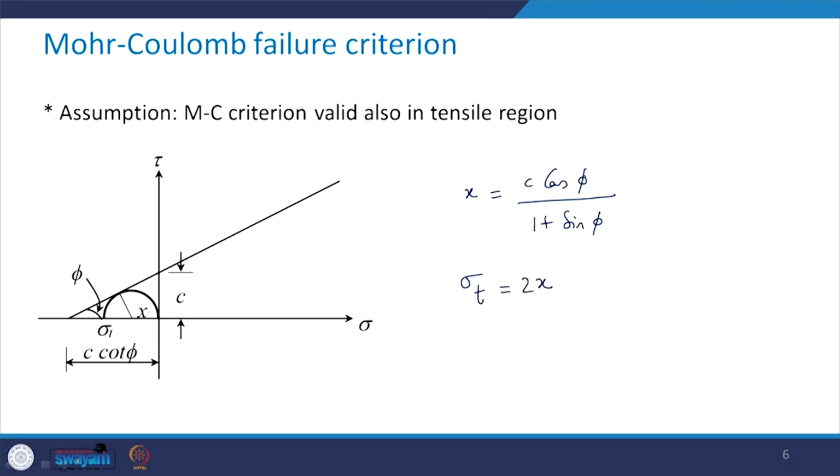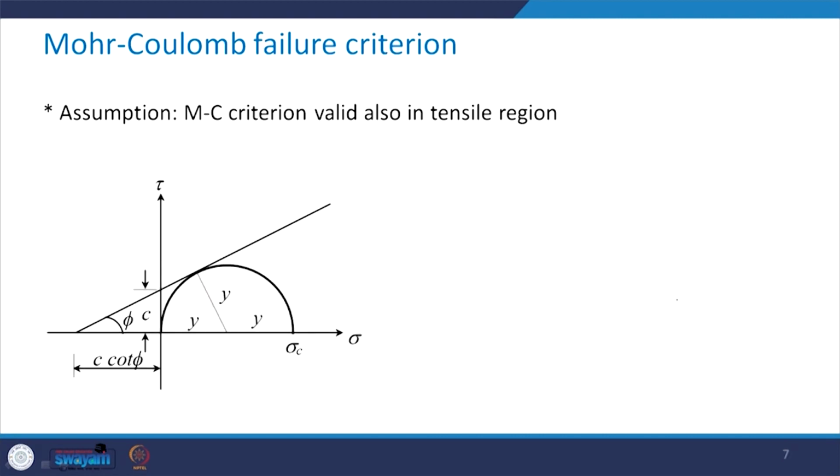Why? Because this distance and this distance are equal, and this distance is equal to x. So this sigma t is going to be 2 times x, that is 2c cos phi divided by 1 plus sine phi.